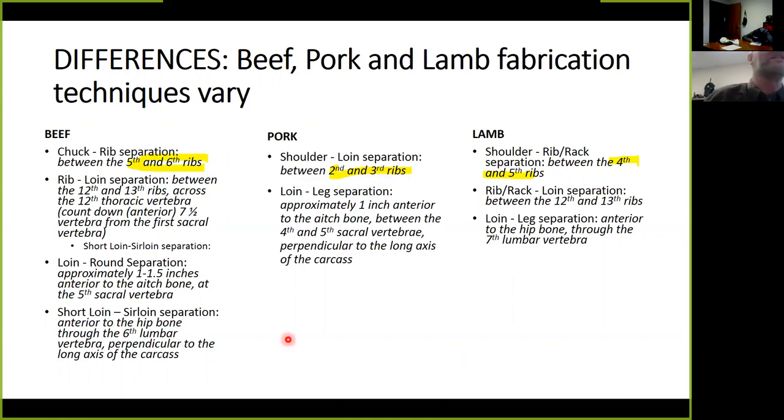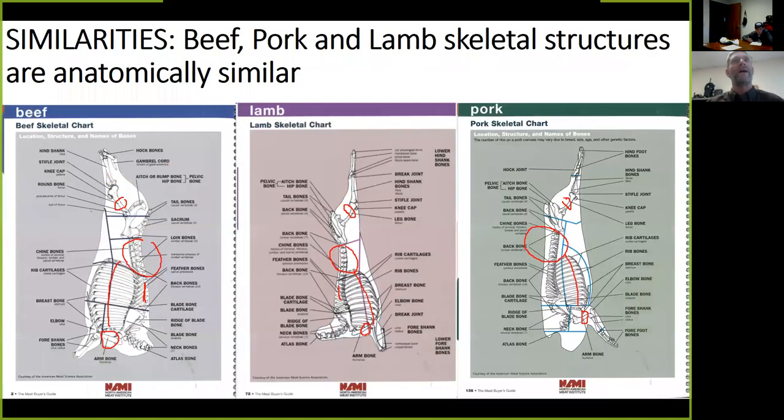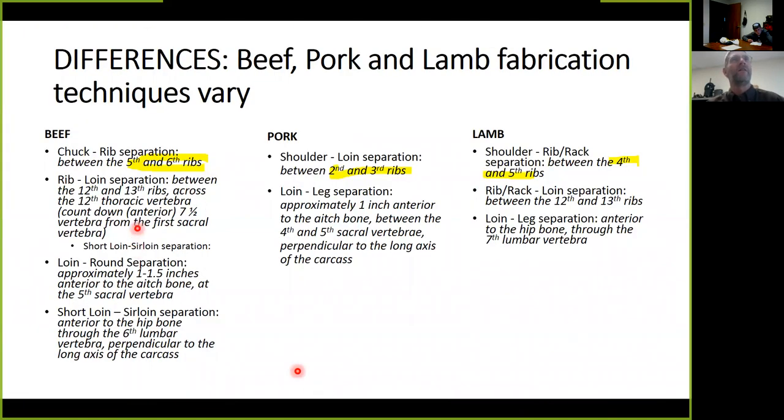Another difference we see is the rib loin separation. So if we go back here to look at this, this is the rib, and then this line here demarcates where the loin is separated from the rib, between the 12th and 13th ribs. In the lamb, it's the same place, between the 12th and 13th ribs.